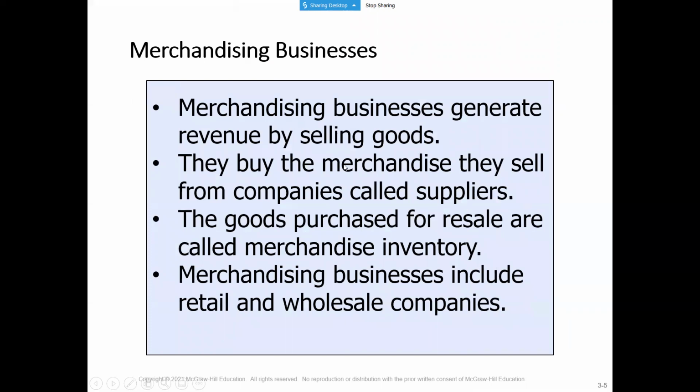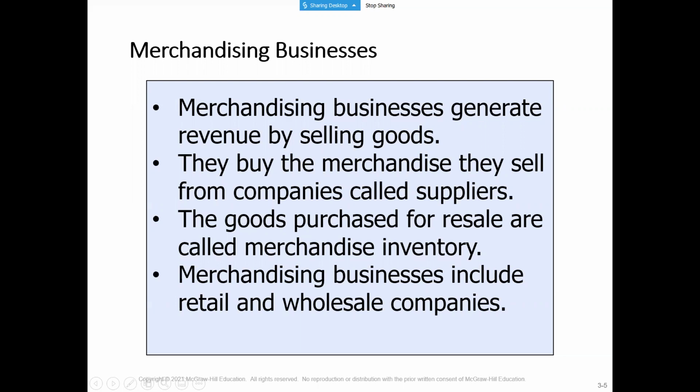So our merchandising businesses buy merchandise from suppliers, mark those goods up, and sell them to the end customer or to another wholesaler, possibly. So merchandising businesses include both retail and wholesale companies.